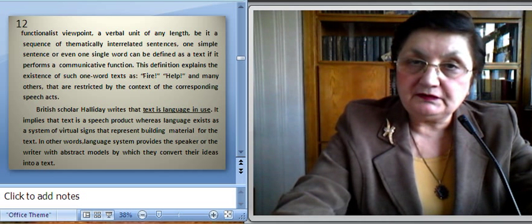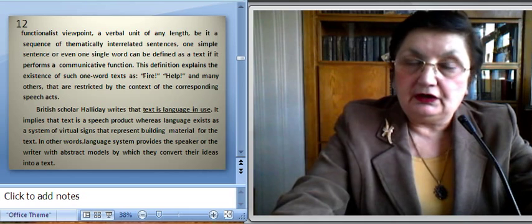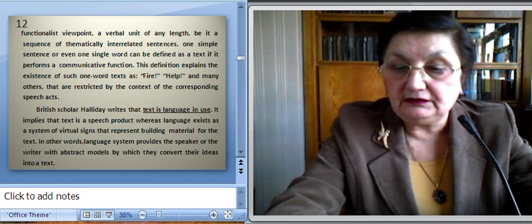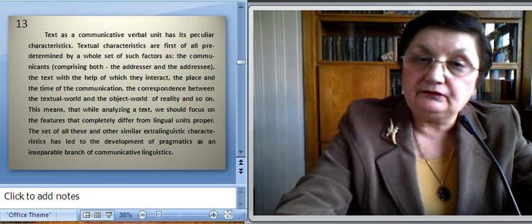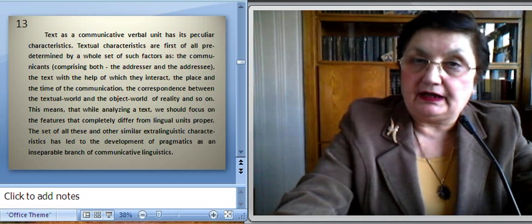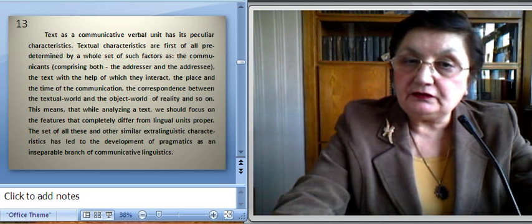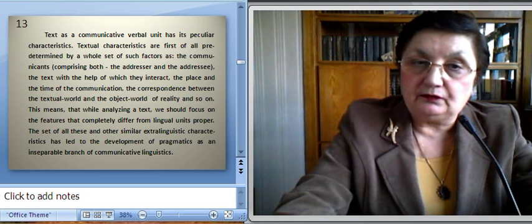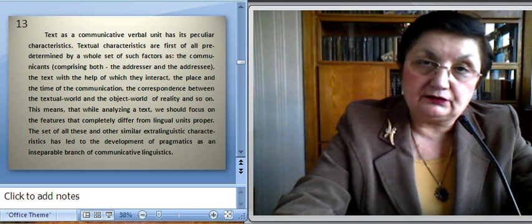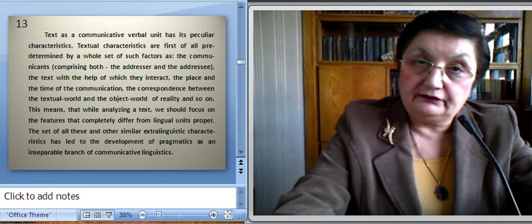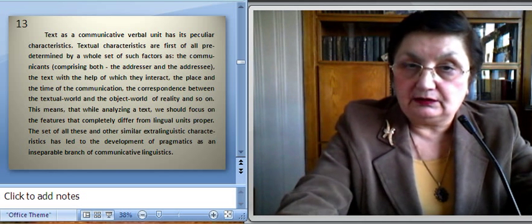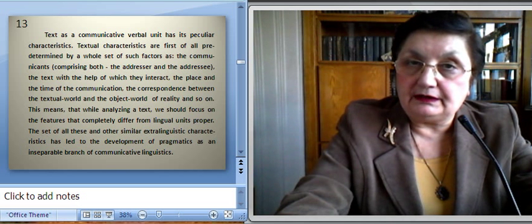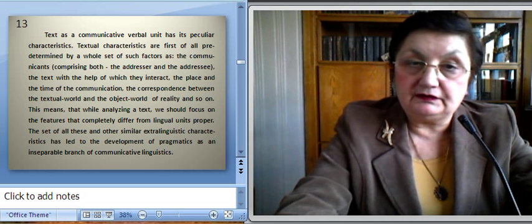Text as a communicative verbal unit has its peculiar characteristics. Textual characteristics are first of all predetermined by a whole set of such factors as the communicants, comprising both the addressor and the addressee, the text with the help of which they interact, the place and the time of the communication, the correspondence between the textual world and the object world of reality, and so on.